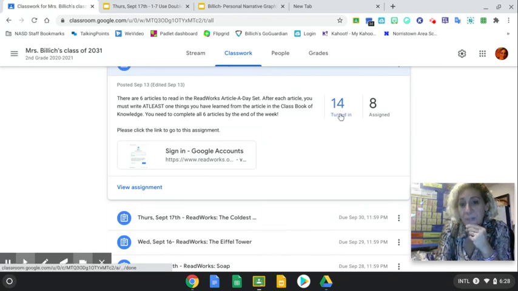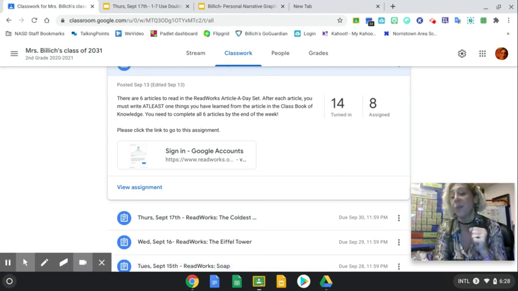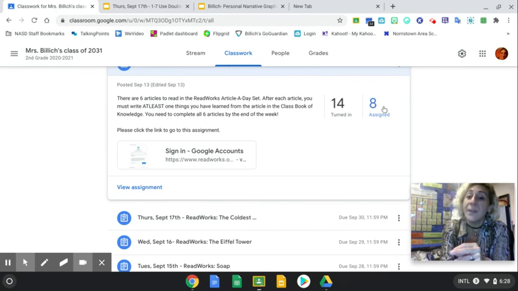Looks like 14 students have already turned that in, which means they've already read at least 6 articles, if not more. There are a total of 10 available, and written at least one thing that they've learned from each article in the book of knowledge. 8 students either aren't done all 6 or have not yet started. It's Friday tomorrow, so I hope that that is not the case.